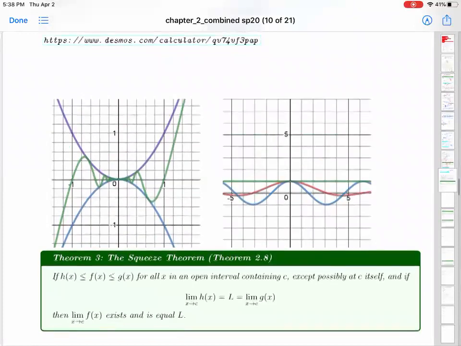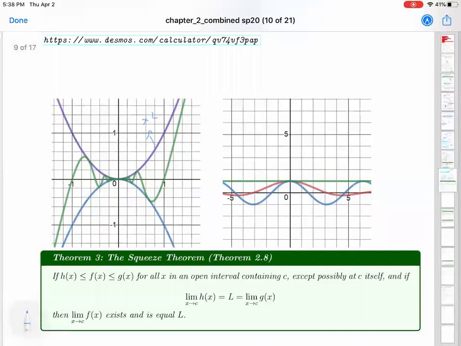Here, this is the graph of x squared, this is the graph of negative x squared, and this is the graph of the function x squared sine of pi over x. The green function is squeezed between these two functions, and if the limits of x squared and negative x squared are the same when x goes to 0, then we can conclude that the middle function x squared times sine of pi over x also has a limit of 0 when x goes to 0.